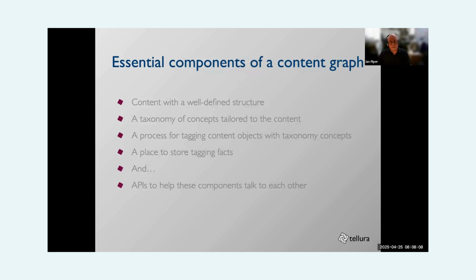When you create concepts tagged to content, you need a place to store that, what I call a tagging fact. You need to store that information. And that's another thing that we're going to talk about later. And a really key important component for me is that you need an application programming interface for each of these components, simply so that they can talk to each other.